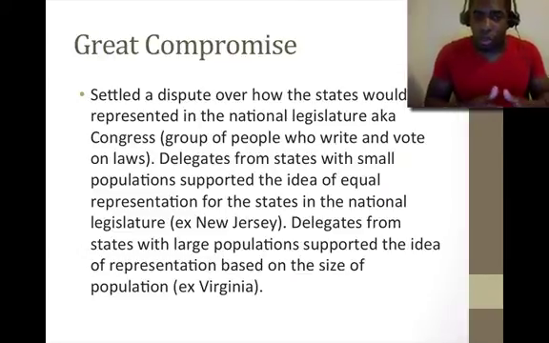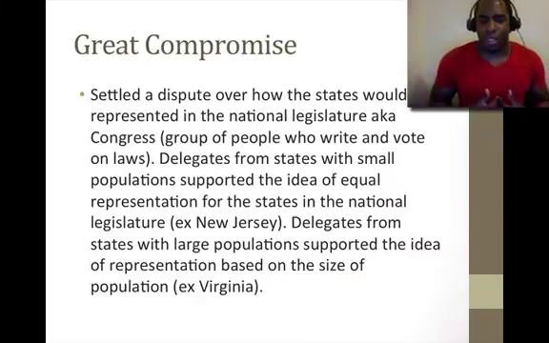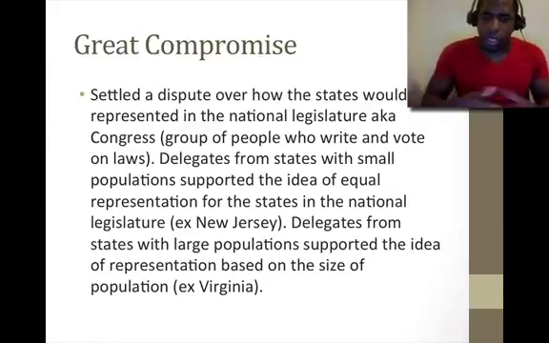Remember, Congress is the one who makes all of the laws, right? So the small states were like, that's not fair. Just because I'm a small state doesn't mean that I shouldn't have people to represent my state in making decisions for the country.